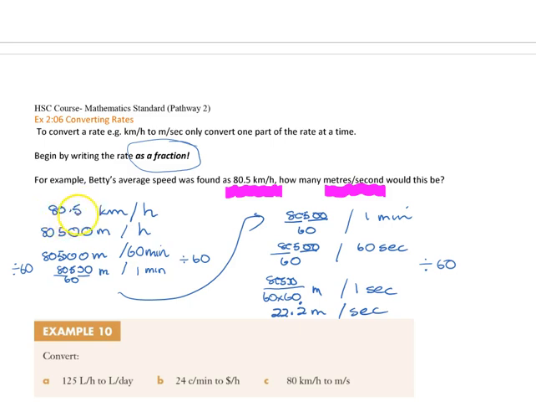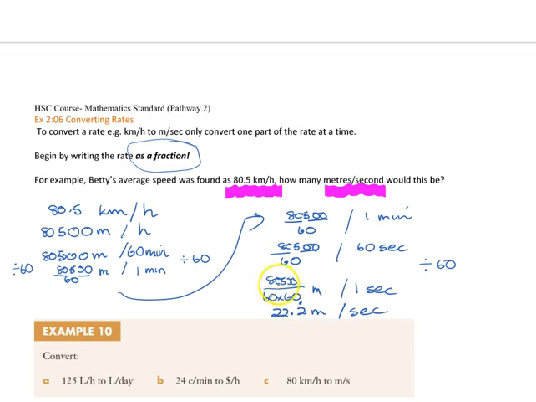I originally had 80 kilometres an hour there, incorrect. I've now corrected it, putting the 5 in. Hopefully you've just gone, oh, she's made a mistake. She's lost the 5. And you might have worked it through correctly with putting the 5 in all the way.